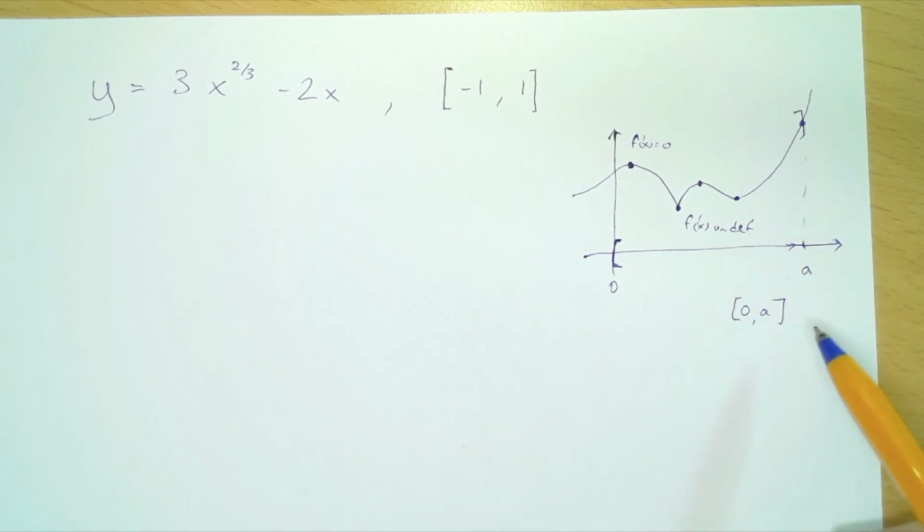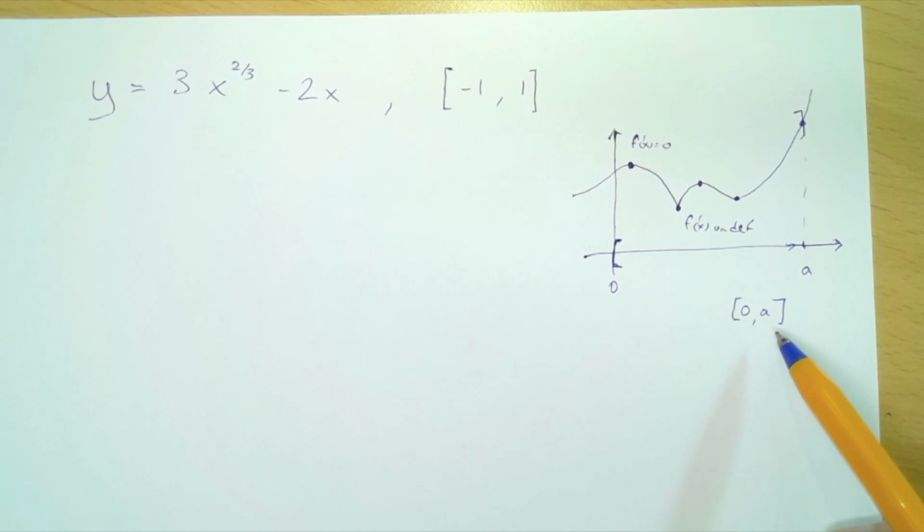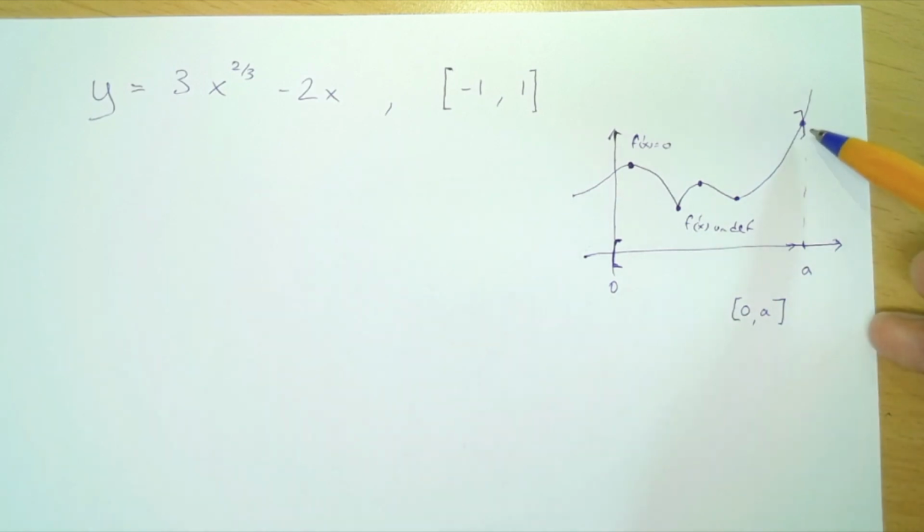So endpoints are important if we're looking for absolute max or absolute min. And it's not a critical number, right? The derivative is not 0, and the derivative is not undefined here.